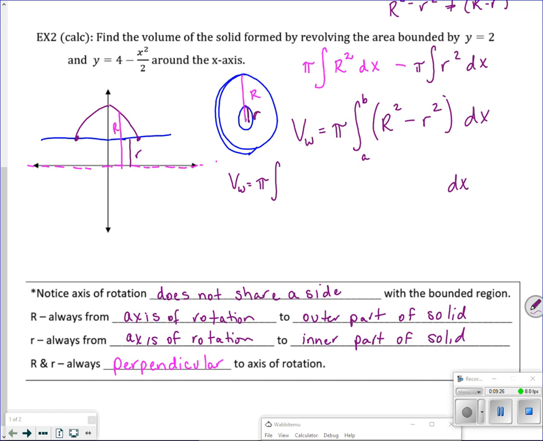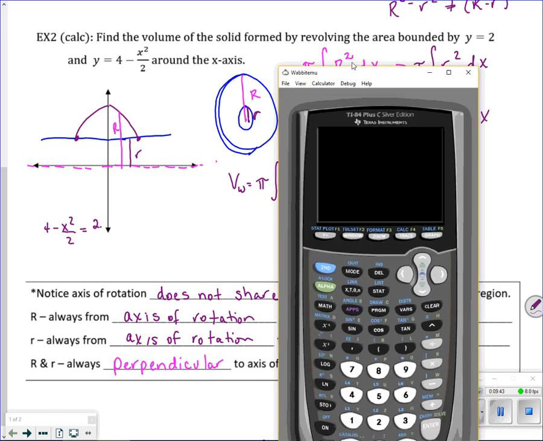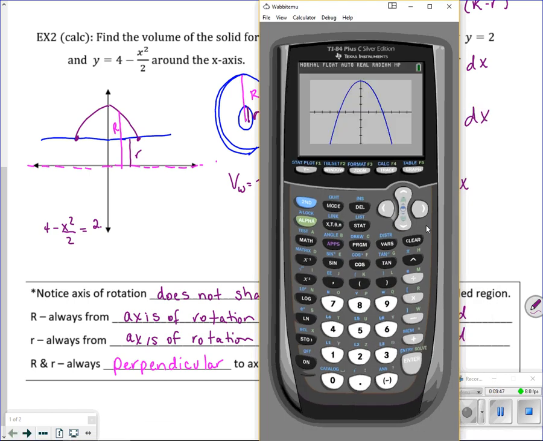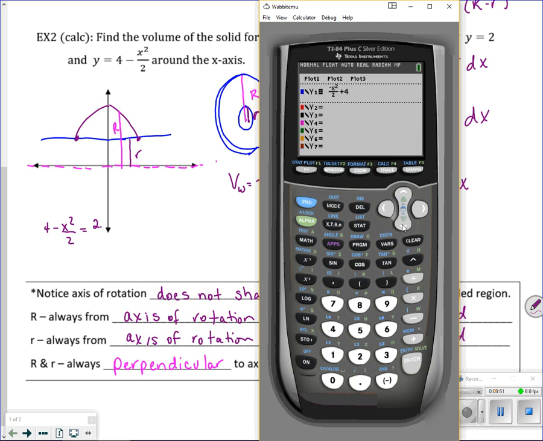And so those bounds, again, I can either do it algebraically. 4 minus x squared over 2 is equal to a y value of 2. I could solve that. Or remember, if I wanted to use the calculator, I have my drawing, I have my y equals, I could put y equals 2.